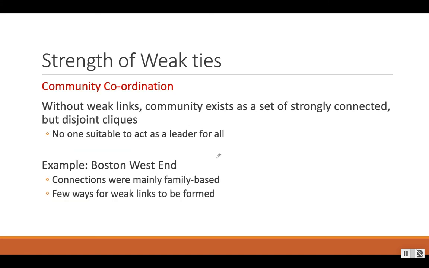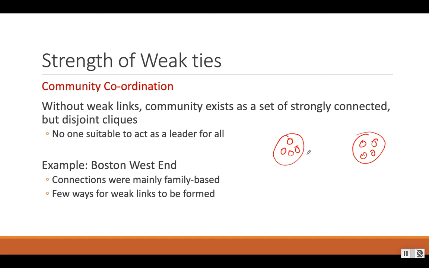Another strength of weak ties is community coordination. Without weak links, a community exists as a set of strongly connected but disjoint cliques. Let's see the example again: some strongly connected cliques or groups but no weak tie. In that case no one is going to be suitable to act as a leader for all.